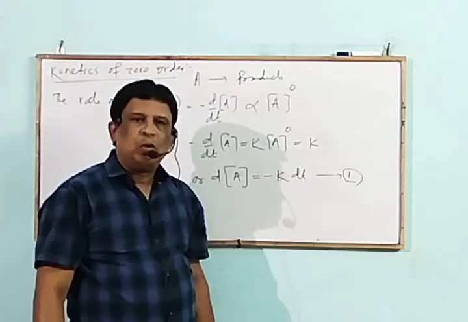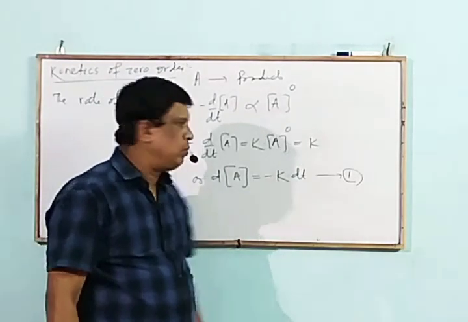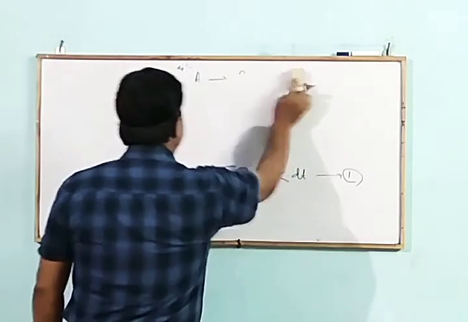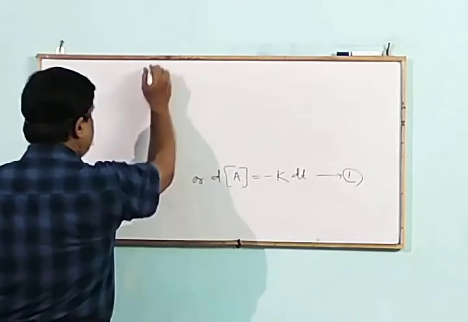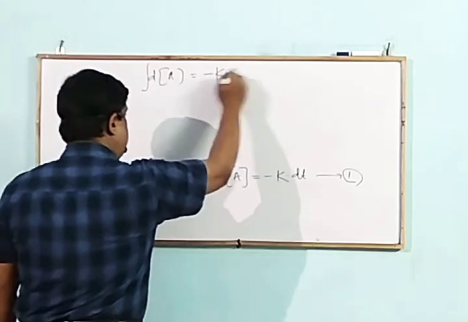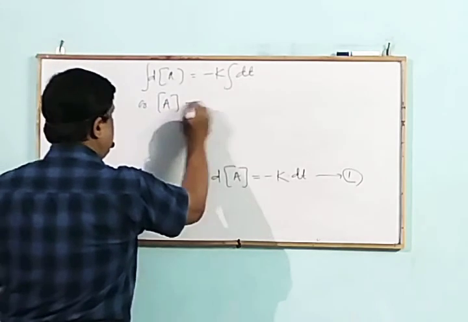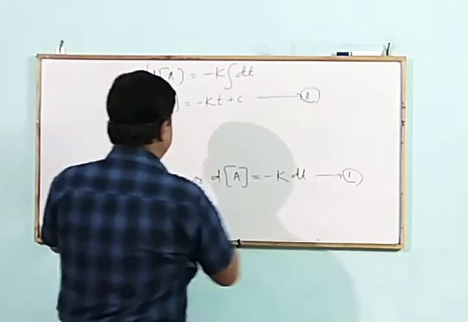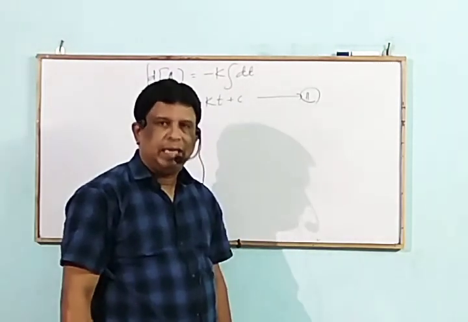Then integrating both sides of equation 1, we have integration of dA is equal to minus k integration of dt, or A is equal to minus kt plus c, equation 2, where c is known as the integration constant.